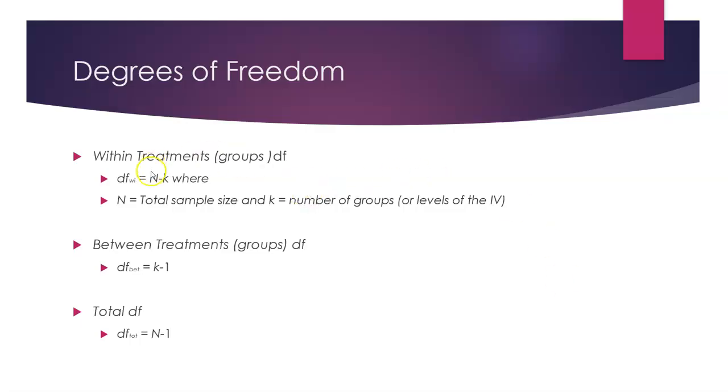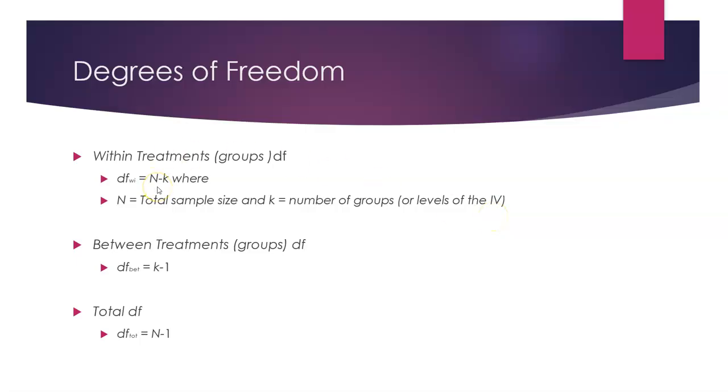So, okay. Remember, we mentioned there are two different types of variability: the within treatment variability and the between treatment variability. So we have different degrees of freedom associated with both of those. Our within treatment degrees of freedom, the notation will be df within, is going to be equal to n minus k, where n is the total sample size across all of the groups, the total number of people included in the study, and k is the number of groups, the levels of the independent variable.